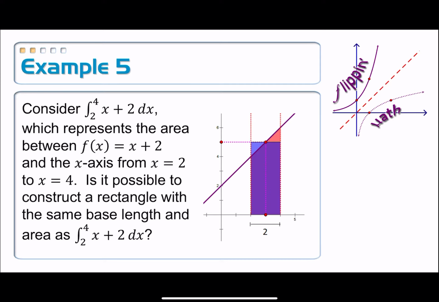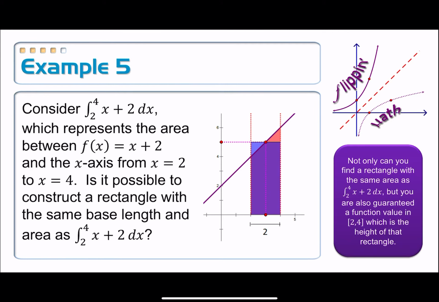And the rectangle that we got there has the exact same area as the area underneath the curve. It's the same thing that we've been seeing playing out throughout this whole lesson. This is going to lead us to what we call the mean value theorem for rectangles. Not only can you find a rectangle that has the exact same area underneath the curve, but the height of that rectangle is a function value over that closed interval.